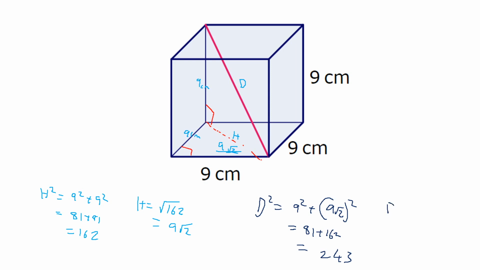So then d is going to be equal to the square root of 243, which is the same as 9 root 3, and to 2 decimal places, which is what the question asks us to do, that's just going to be 15.59.